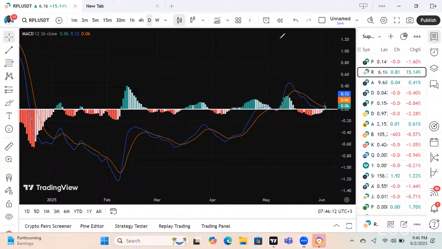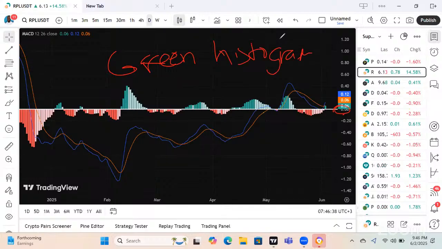And so, apart from the moving averages, there is a zero line that separates the green histograms and the red histogram.